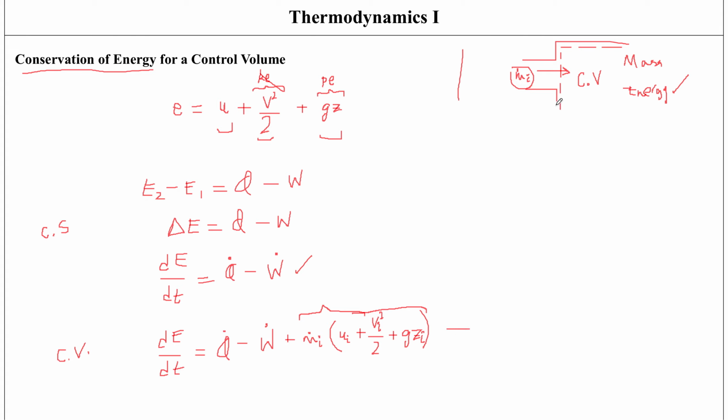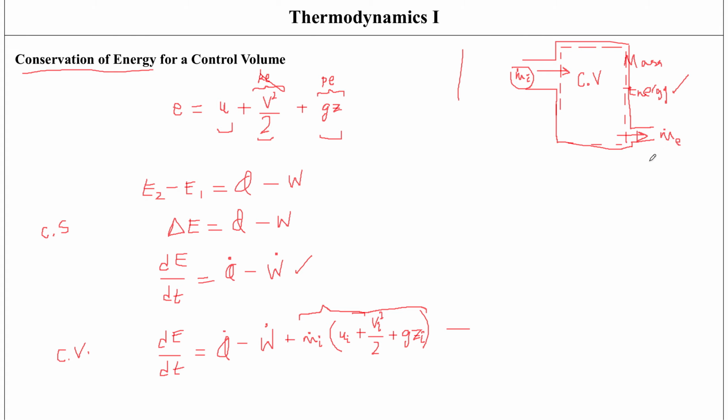Minus, so let's say that this system has an outgoing portion somewhere here. This entire thing is the control volume that is being represented. When there's an exit stream here, the mass flow rate of that exit stream I could represent by m dot e.